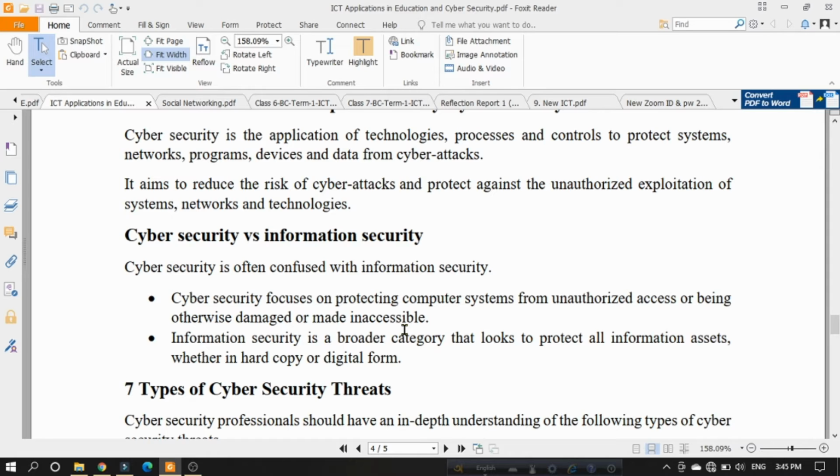It's a broader category which looks to protect all information assets, whether in hard copy or digital form. I hope you got the point. The basic difference is, cybersecurity protects computer systems from unauthorized access, while information security is a broader category that looks to protect all information assets, whether in hard copy or digital form.